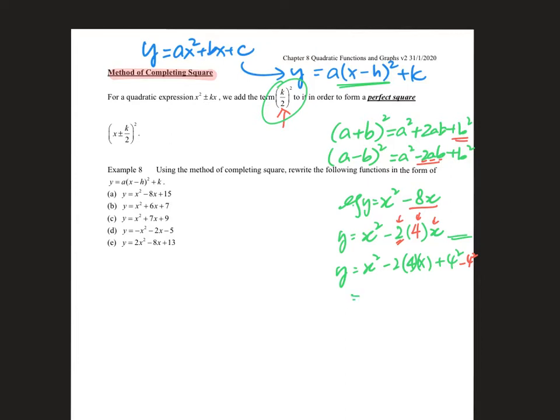After that, in this green expression, it turns to x minus 4 square according to the identity, and you still have a minus 16 in the function. So that's the way you can write it in HK form, a vertex form of a quadratic function.